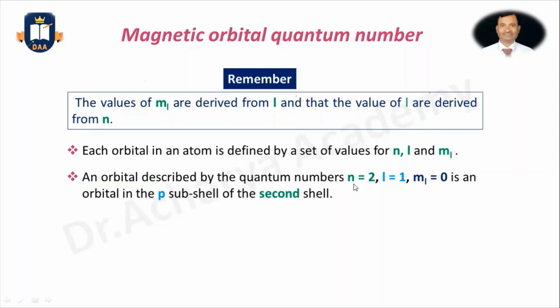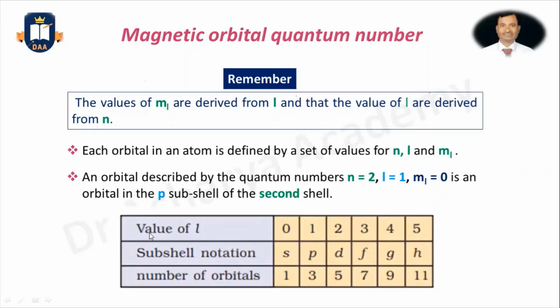For example, when n is equal to 2, l is equal to 1, and m subscript l is equal to 0, this is an orbital in the p subshell of the second shell. The second shell is clear because the shell is defined by the principal quantum number, so n equal to 2 means the second shell.